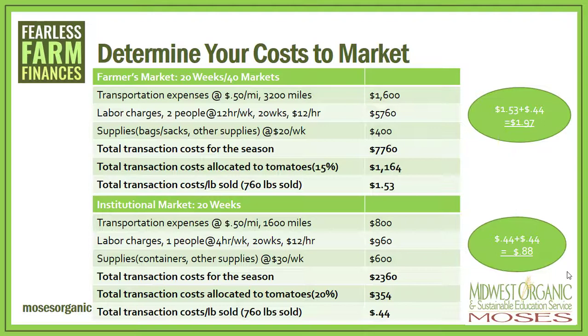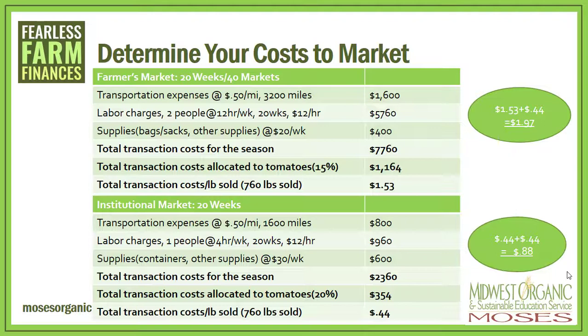All of your supplies for the farmer's market is roughly about $20 a week for a total of $400 for the season. Your total transaction costs for the season then, if we add up transportation, labor, and supplies, is $7,760. The total transaction cost allocated to the tomatoes.